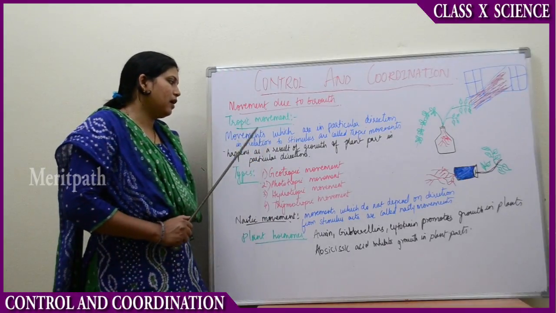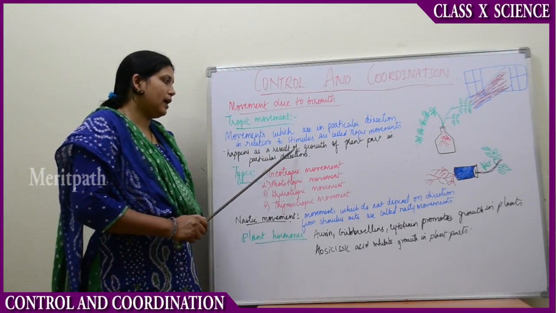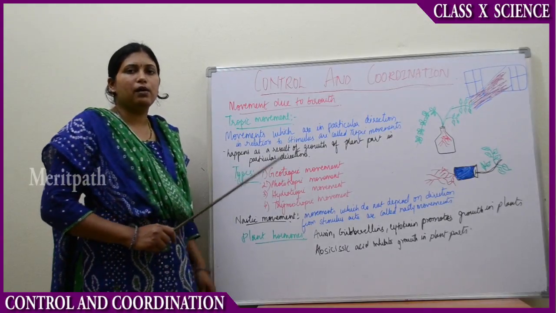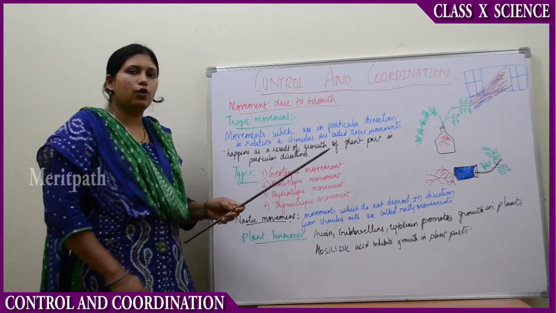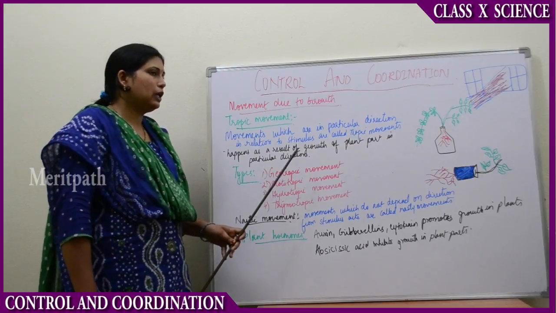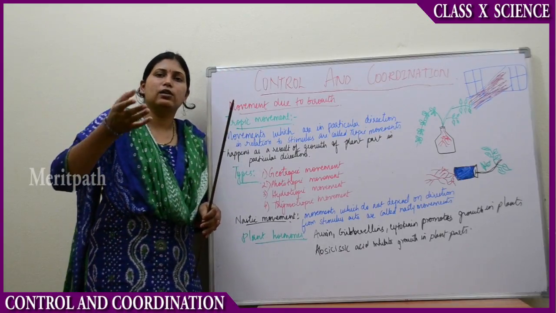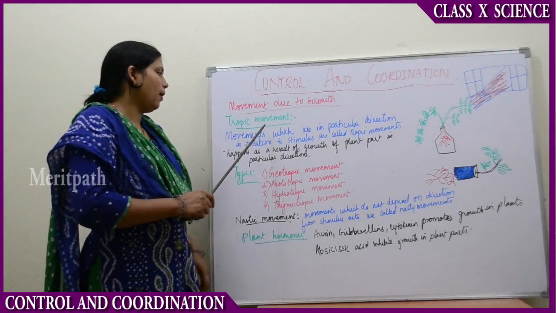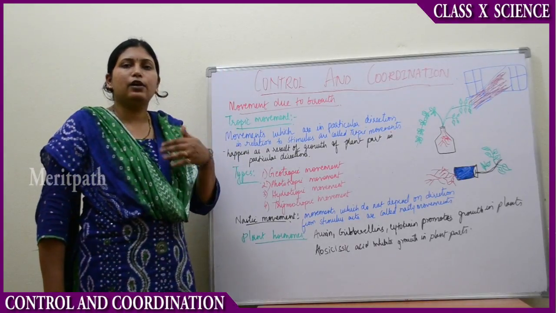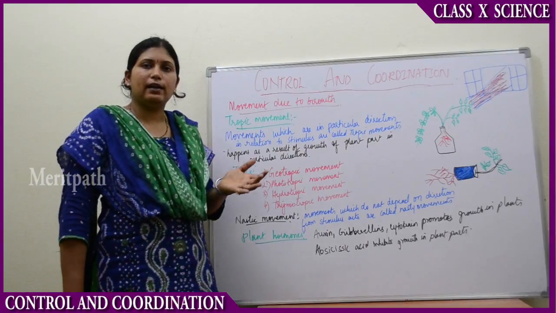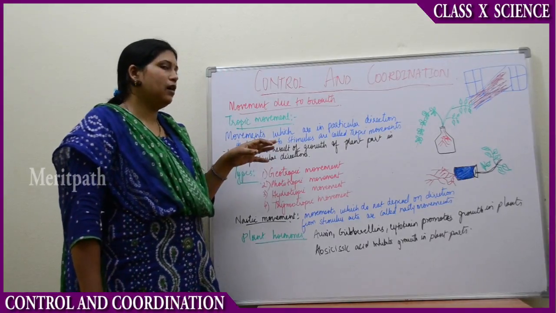These tropical movements happen as a result of growth of the plant part in a particular direction. Movement of the plant part in any particular direction is nothing but a tropical movement.